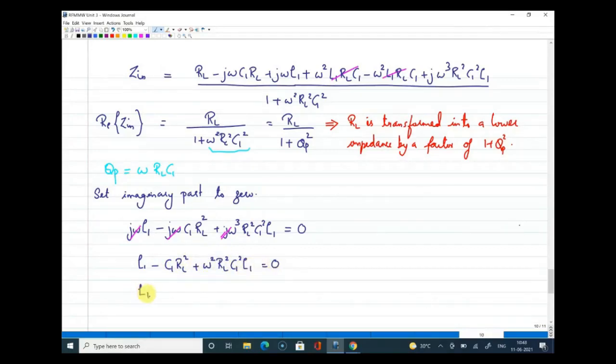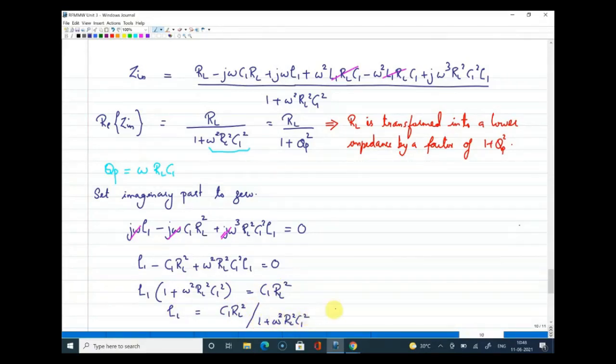Or if I choose L1 outside, it is 1 plus omega square RL square C1 square equal to C1 into RL square, or L1 can be written as C1 RL square divided by 1 plus omega square RL square C1 square.